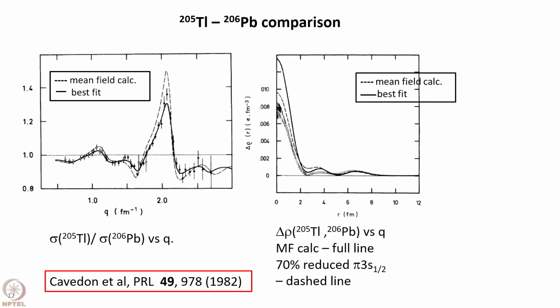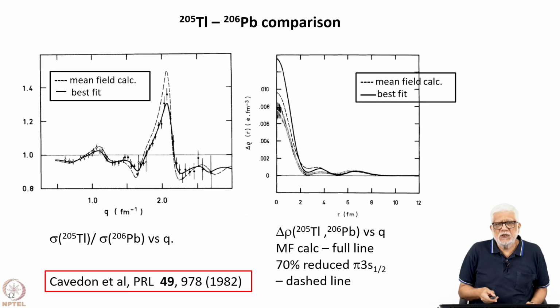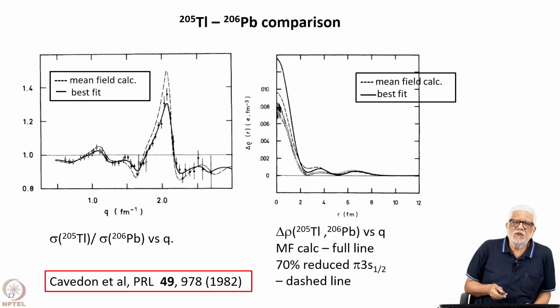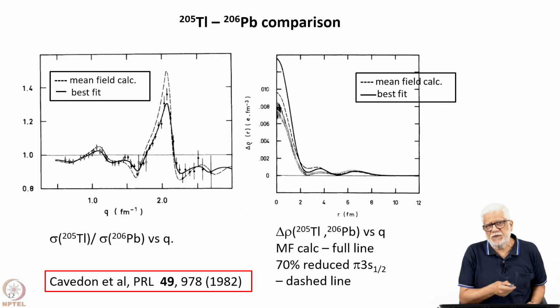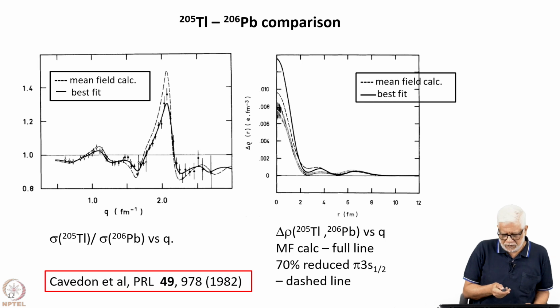Now, there is a very fine experiment done by Frois and his group in Saclay, where they measured d sigma by d omega for elastically scattered electrons, again over several orders of magnitude, in thallium 205 and lead 206.